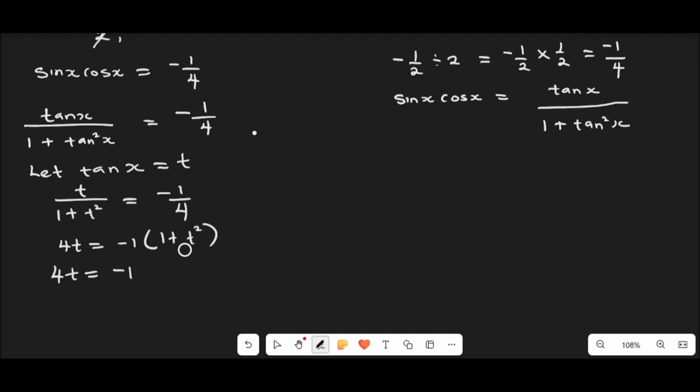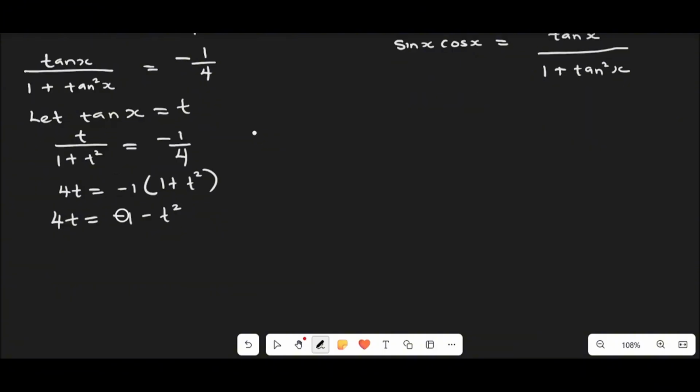Minus 1 times plus t square, we have minus t square. Now let us bring minus 1 and minus t square to the left hand side, and these negative signs will change to positive sign. So we are going to have t square plus 4t plus 1 equal to 0.